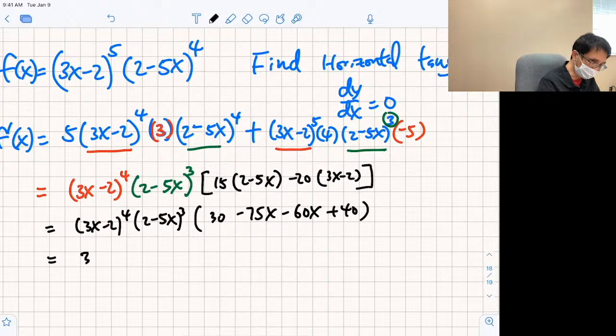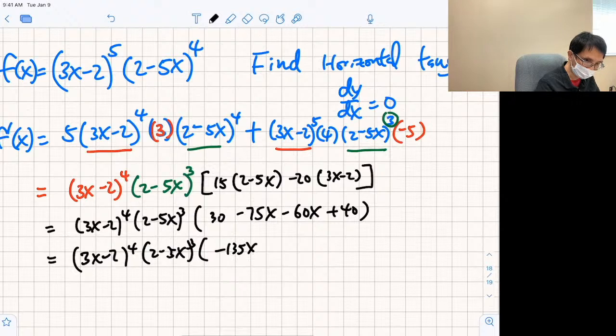That's equal to 3x minus 2 to the fourth, 2 minus 5x to the third, and this one is going to be negative 135x plus 70, I think. So x equal to 2 over 3, x equal to 2 over 5, and then you pretty much set it equal to 0. Sorry, I'll write it down. 3x minus 2 equal to 0. Yes, I did make a mistake.